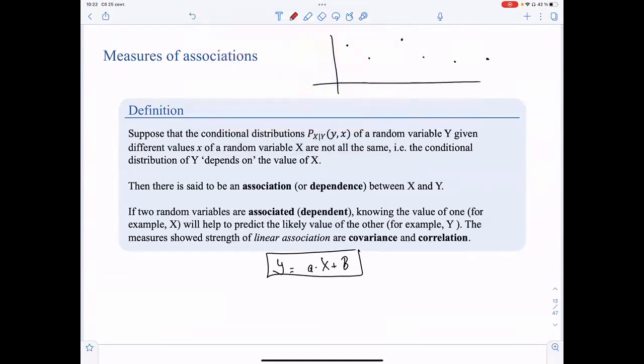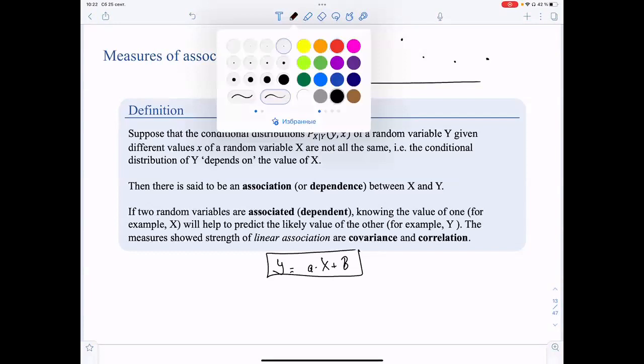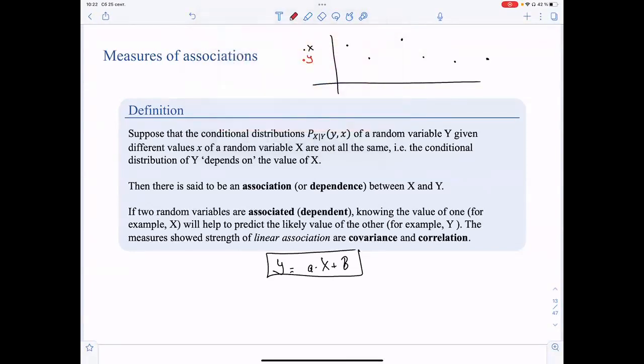And y is going to be presented with red color. So what you see is the following: x fluctuates like that, and y fluctuates.